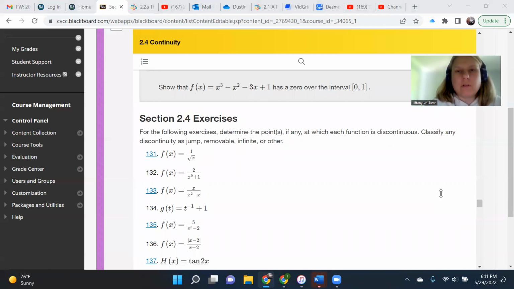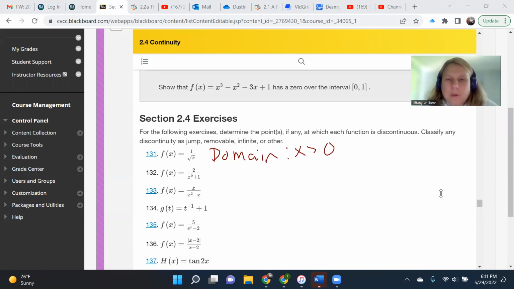So let me make a note here. Where's my annotating? It's on number 131. Your domain, x has to be greater than 0. Because that's the case, the function is only going to be defined for the interval 0 to infinity. So we're going to be defined from 0 to infinity. And that's just because of the way the function's set up.